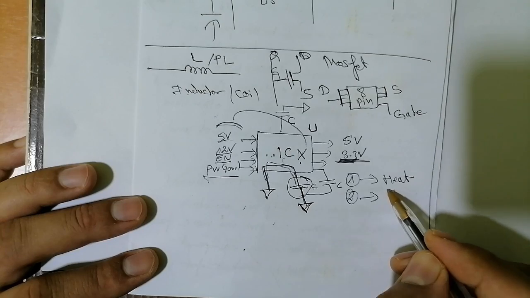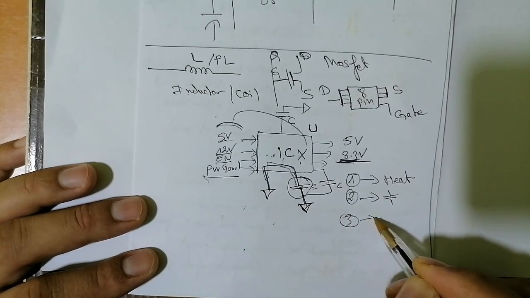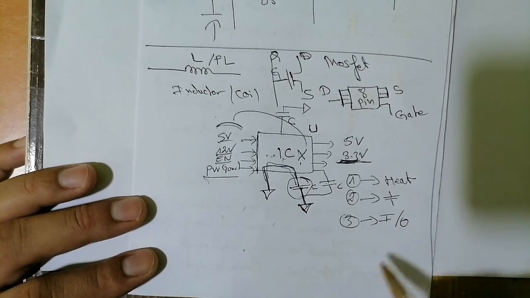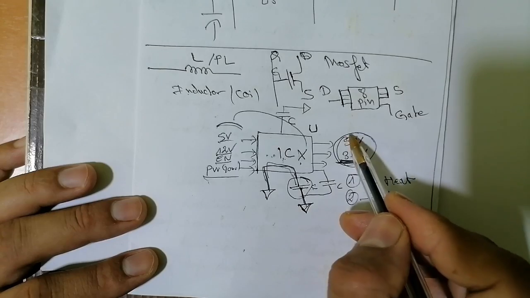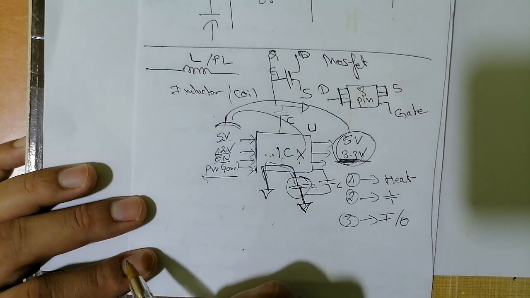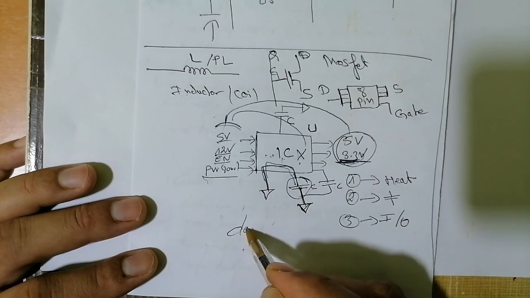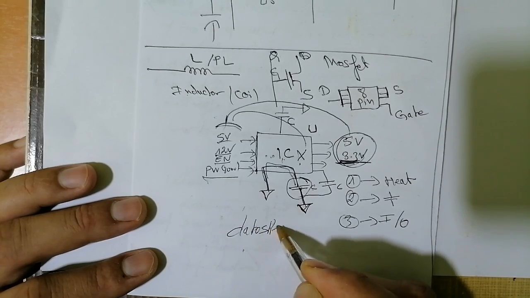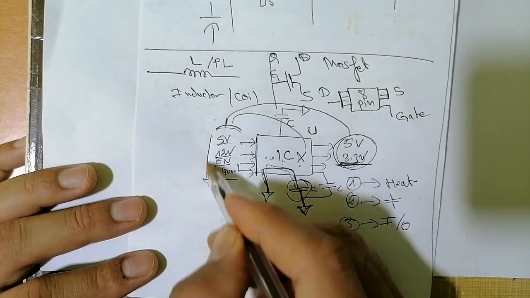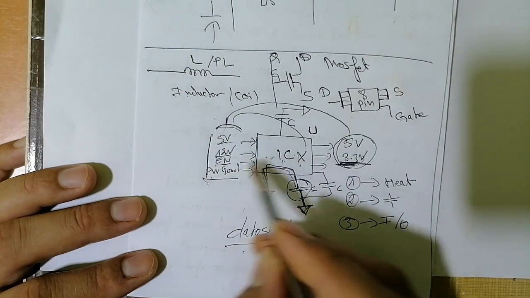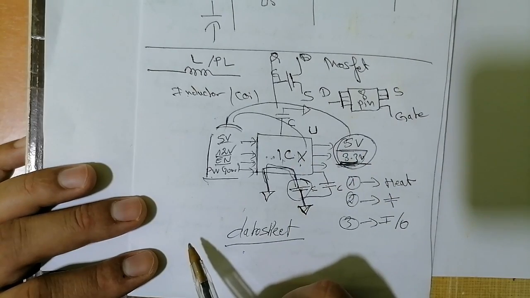The third method is checking the inputs and outputs. If you don't have the output over here, you should go and check the inputs, using the data sheet of the IC. If you find that all inputs are good and you still don't have these outputs, it means the IC is bad.